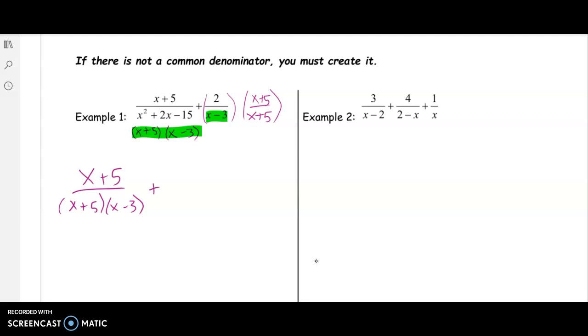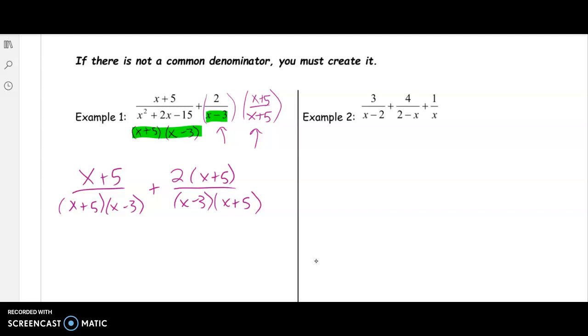And the second one, we have 2 times (x plus 5) in the numerator, and the denominator is x minus 3, which was already there, times x plus 5. I'm not going to ask you to actually multiply them together at this moment. Notice that our denominators are the same now. And multiplication is commutative, so it does not matter whether the x minus 3 is first or the x plus 5 is first.